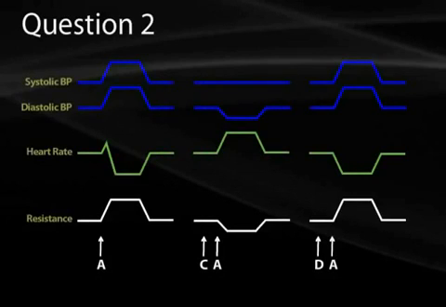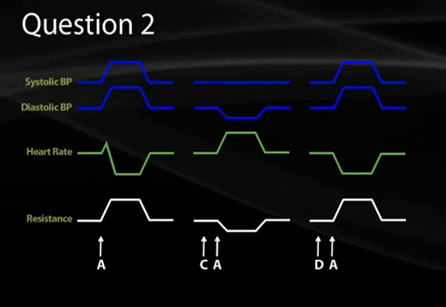As you can see, when this subject is given drug letter A, the patient exhibits increases in systolic blood pressure and diastolic blood pressure. It shows an initial increase in heart rate, which is then decreased, and an increase in systemic vascular resistance. This increase in systolic and diastolic blood pressure is most likely related to alpha-1, as well as the increase in systemic vascular resistance.